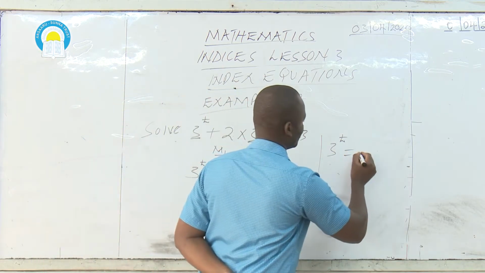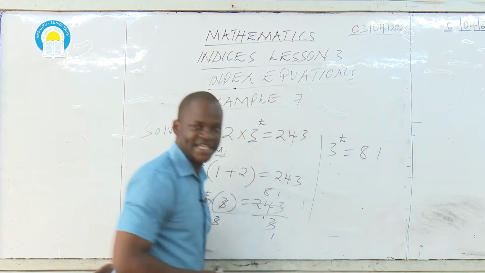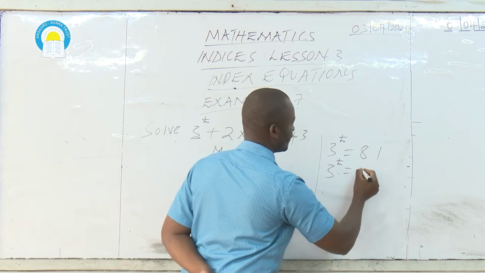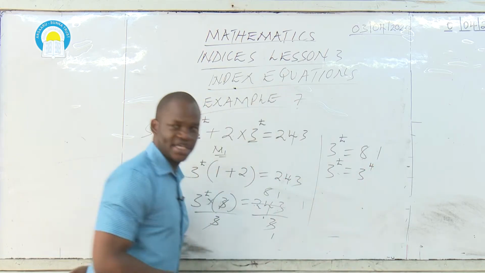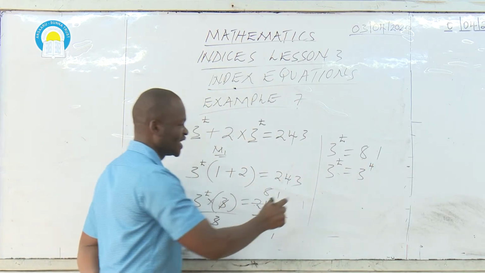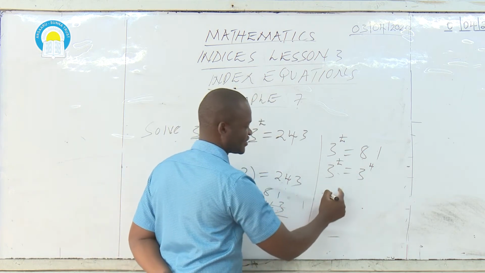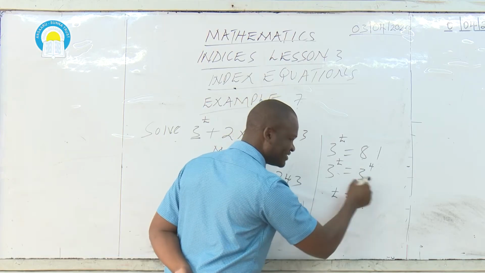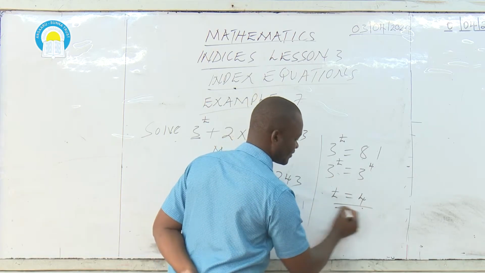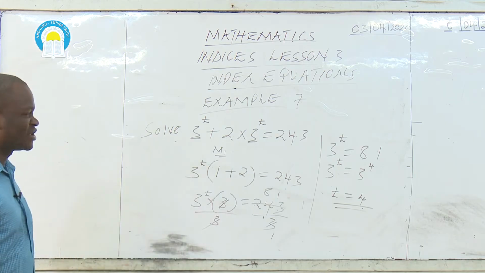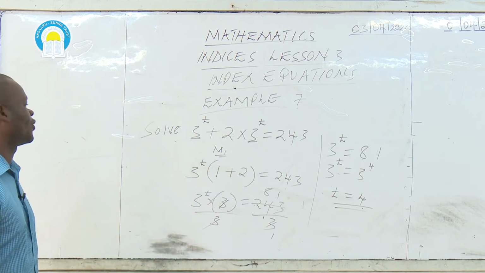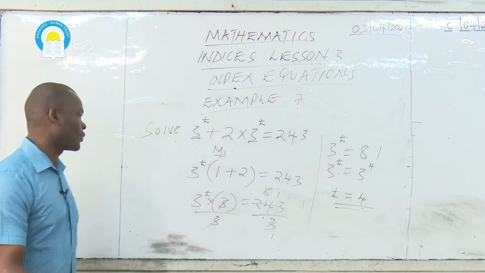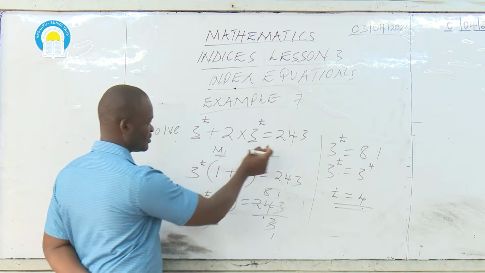So equate 3 power t to 81. Then express 81 in terms of base 3. That will be 3 power 4. Having the same bases, we equate the powers. In the end, what is the value of t? T is 4.